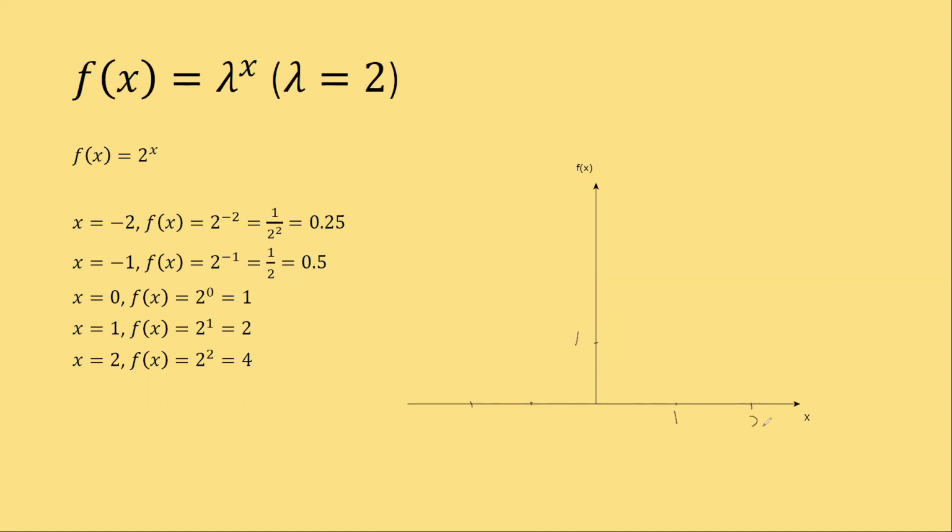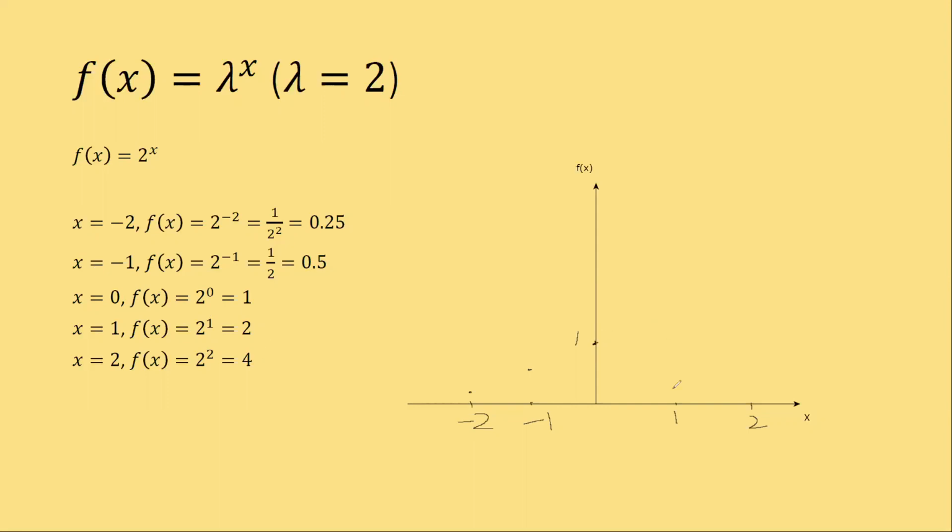So when x equals -2, f(x) equals 2 to the power of -2. That is 0.25. So it is somewhere here. When x equals -1, f(x) is 0.5. That is somewhere here. And when x equals 0, f(x) is 2 to the power of 0. That is 1, all right.